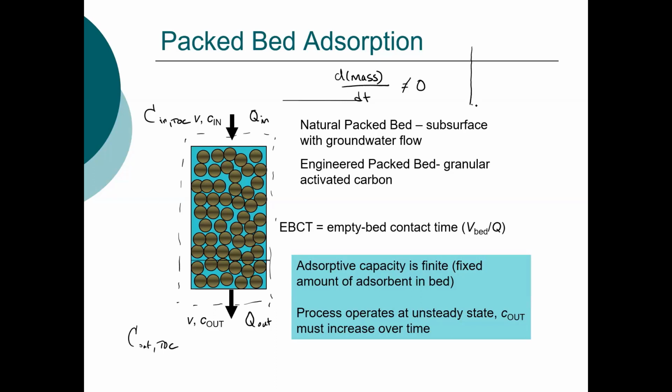So if we were to plot the volume treated versus the effluent concentration, what you would find is the effluent concentration would initially be 0, and then as the capacity of the column becomes exhausted, so the carbon becomes filled up with the chemical that you're removing, in this case TOC, the concentration will start to increase, and eventually it will reach the initial concentration.